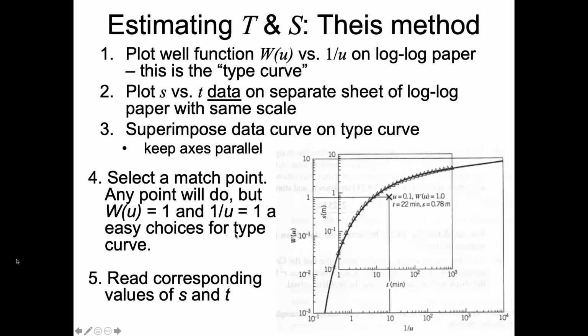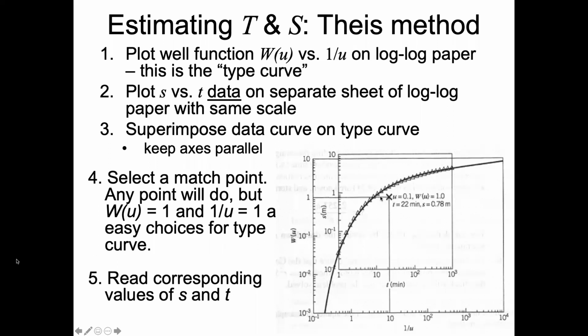So just trying to pick a specific match point. But the match point could be anything that we're interested in examining. In this instance from your book, your match point is actually U of 1 with a well function of 1. So it can be variable in these instances.